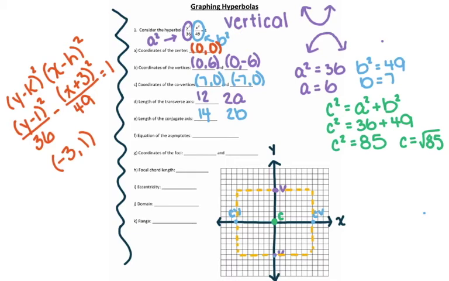Okay, so I'm going to pick a different color. I'll pick red. Okay, so what I'm going to do is go from the center to this vertex. Now, be careful, when I'm saying vertex now, I'm talking about the corner of the rectangle. So the asymptote is always going to go through the center, and it's going to go through the corners of the rectangle. So this is going to be one of my asymptotes. And go all the way to the end of the grid, because you're going to see these are important for when we're drawing the hyperbola. Okay, and then the other direction.